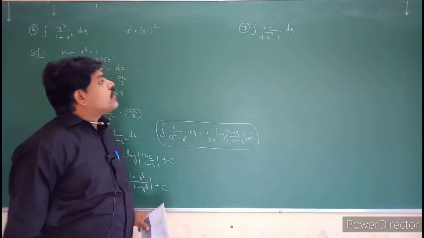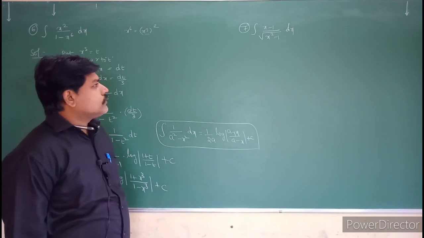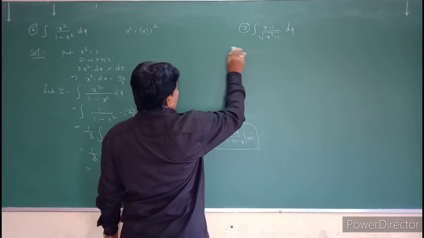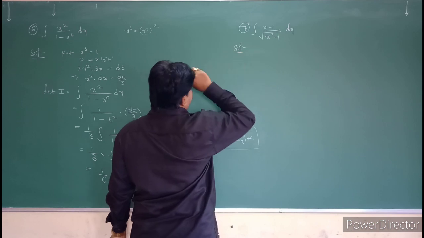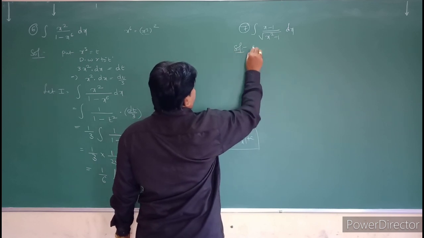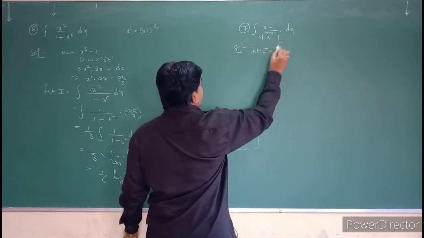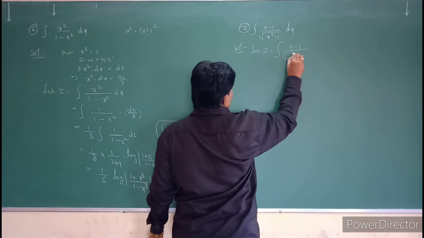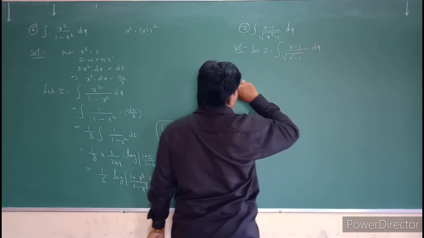So see this question, students. What will we do here? Take the problem first. Let I is equal to integral of x minus 1 by root of x square minus 1 into dx.